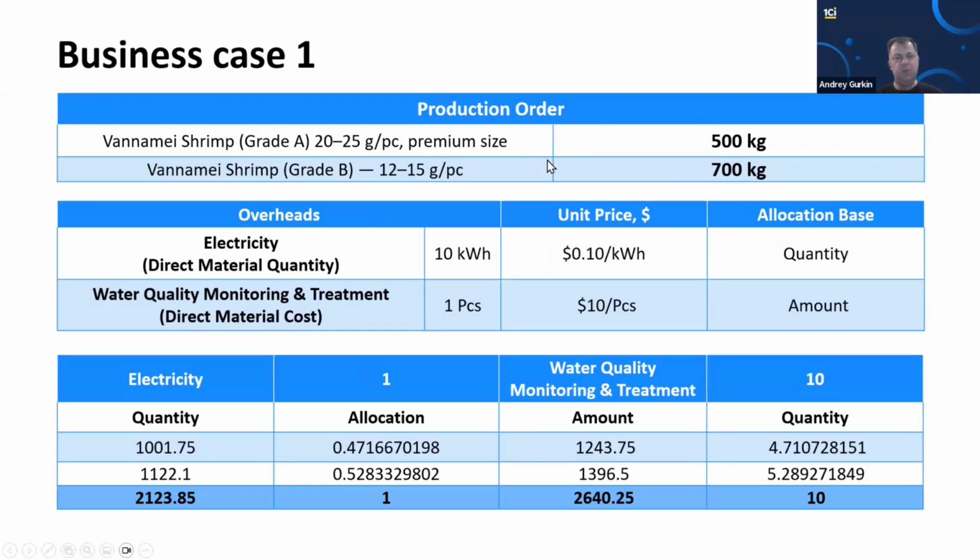You can see just 2 products, you can see the kilos, and you can see that we're registering 2 different overheads to this department. All of them, by the way, will be services.